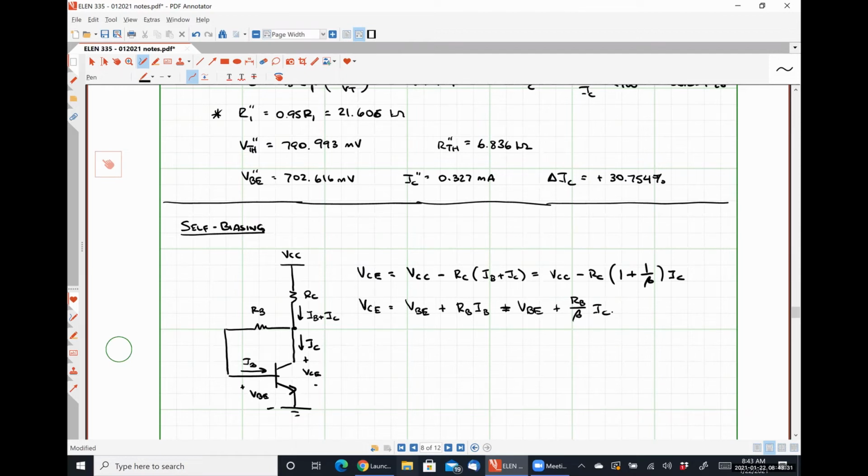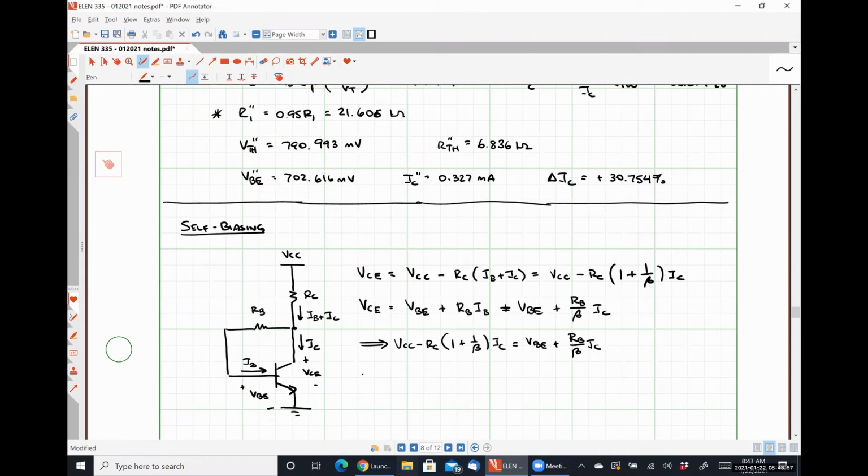And we can set these two expressions equal to each other because they both represent VCE. And in doing so, we get VCC minus RC times 1 plus 1 over beta times IC is equal to VBE plus RB over beta times IC.